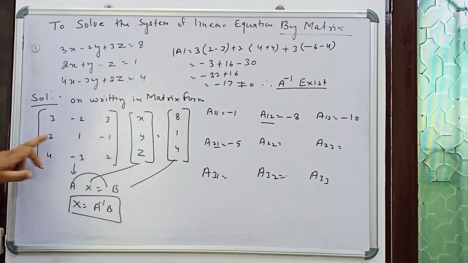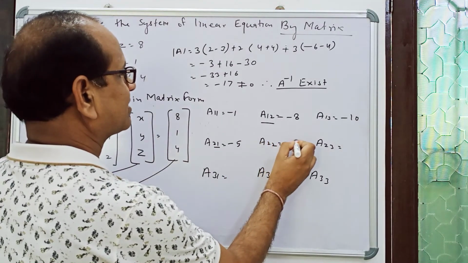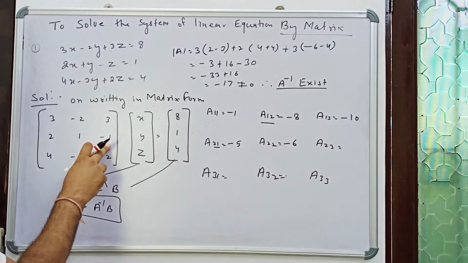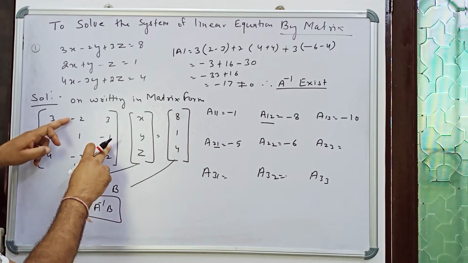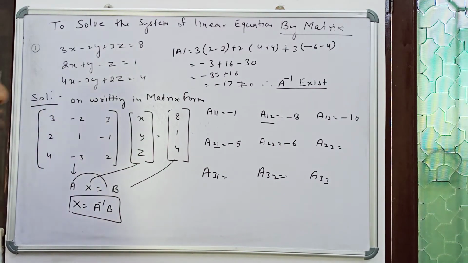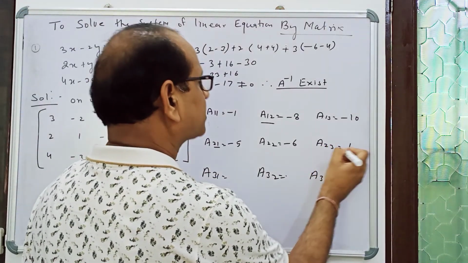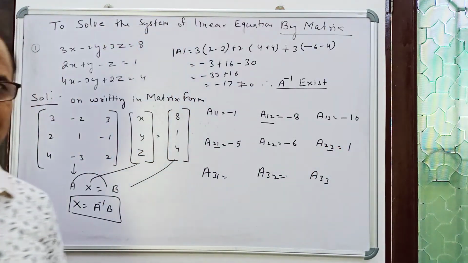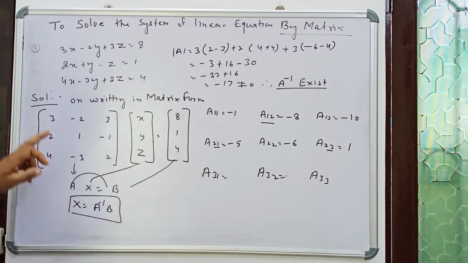Next is A22. So this part and this part you will hide. So it is 6 minus 12. So it is minus 6. A23, that is this one, minus 9 plus 8. It is minus 1, and the minus 1 will become plus 1 because of this odd sum. The last is the third row, first element.